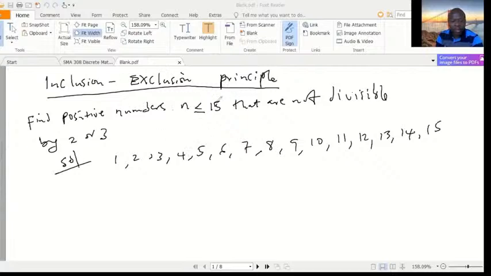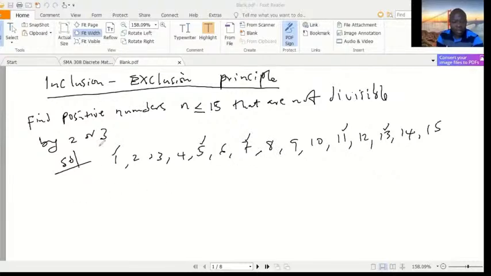If it's a small number like 15, somebody can easily list them and count the numbers which are not divisible by 2 or 3. You can see that one of the numbers is 1, the other is 5, the other is 7, the other is 11, the other is 13. So these are the numbers which are not divisible by 2 and also not divisible by 3. So how many are they? 1, 2, 3, 4, 5 numbers.